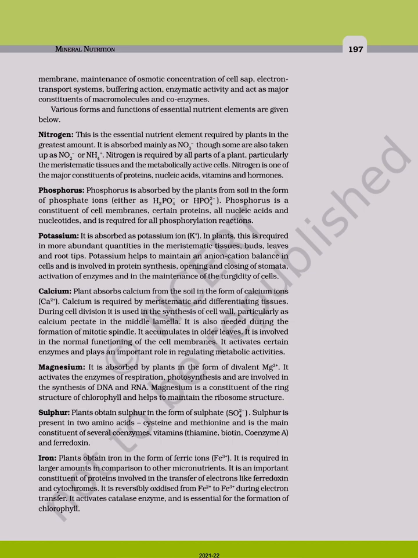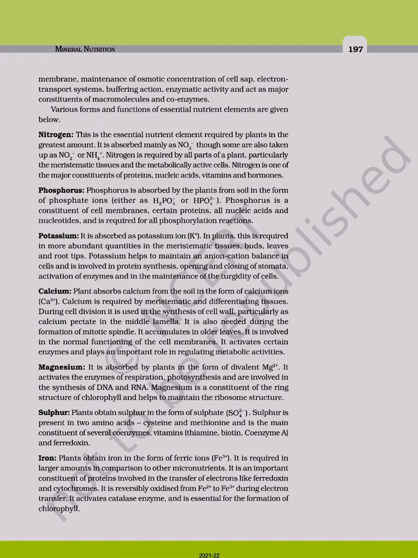Sulfur. Plants obtain sulfur in the form of sulfate, SO4²⁻. Sulfur is present in two amino acids, cysteine and methionine, and is the main constituent of several coenzymes and vitamins: thiamine, biotin, coenzyme A, and ferredoxin.